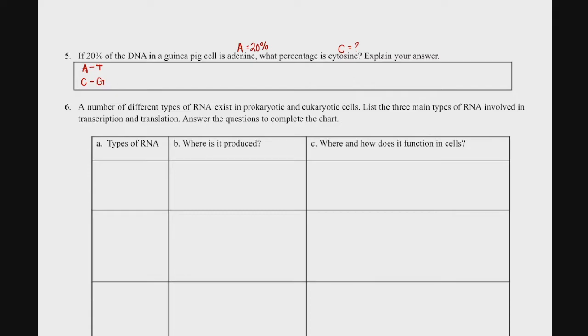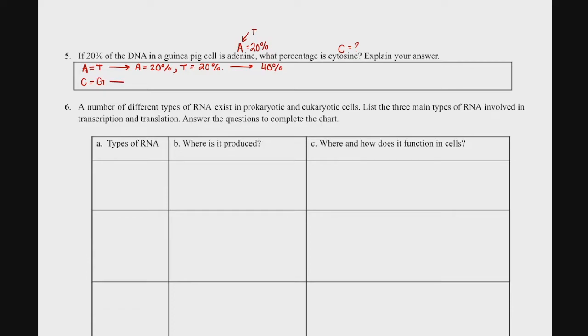So for every A, there is a T. So we can also say that A is equal to T, C is equal to G. If A equals 20%, T is equal to 20% as well. And if we're doing this out of 100%, then A and T together account for 40% of the total 100.